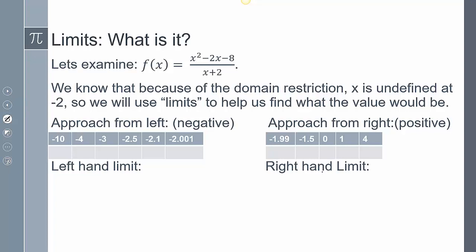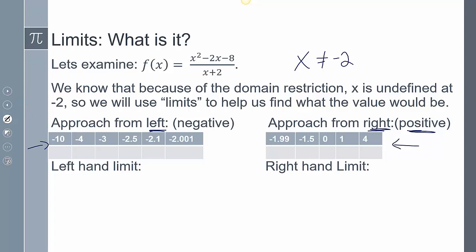We're going to approach that value of negative 2. We said that x can't be negative 2, so we're going to approach it from the negative side, from the left, and from the positive side, from the right. We're going to approach it from those two directions.